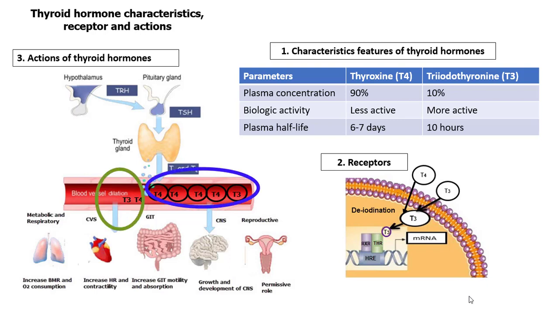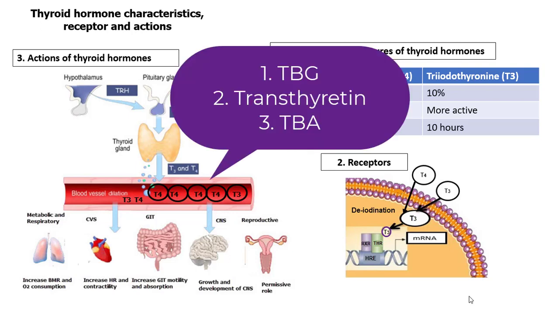Nearly 99.9% of thyroid hormone is found to be bound to plasma protein, in particular thyroxine binding globulin. The other two proteins are transthyretin and thyroxine binding albumin.